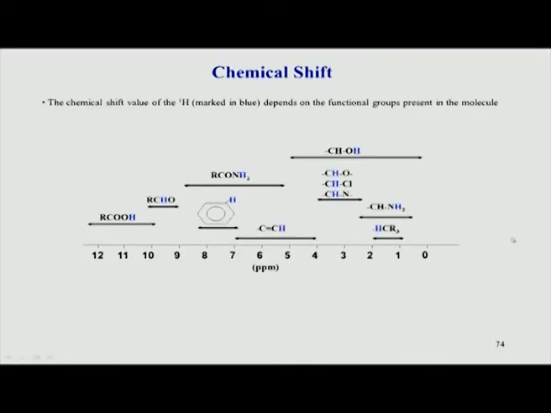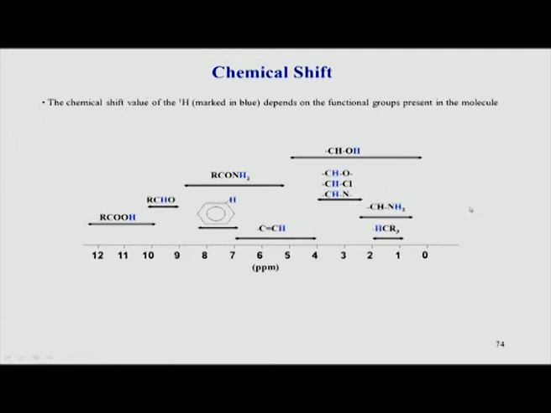So, we looked at the chemical shift values of different functional groups here. We looked at the methyl groups, which come very upfield shifted, many times or always between 0 to 2.5 ppm. Then as you add more electronegative atoms like nitrogen, chlorine, oxygen, they start going what is called downfield.